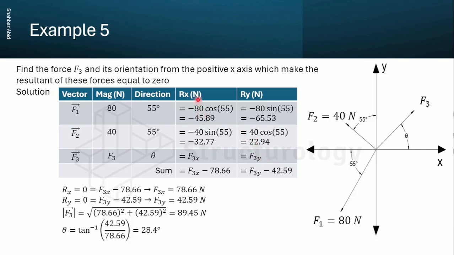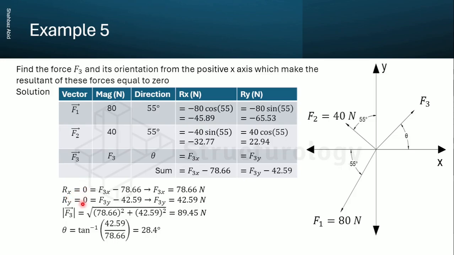So we can just sum all the Rx. We are going to get F3x minus 78.66 and we get the Ry summation to be F3y minus 42.59. Since the resultant of these forces must be 0, we can say that Rx is equal to 0 and Ry is also equal to 0.